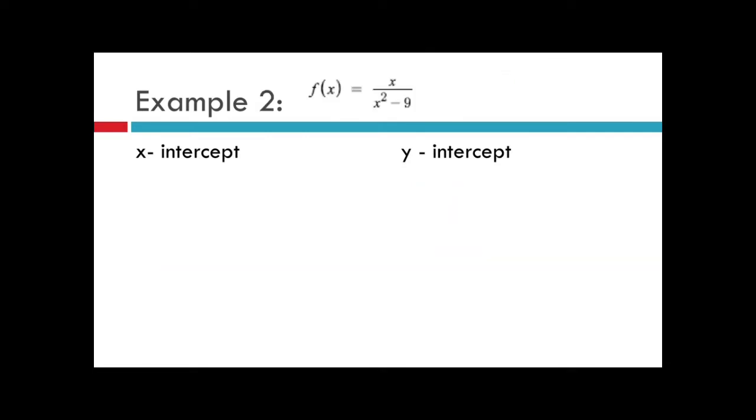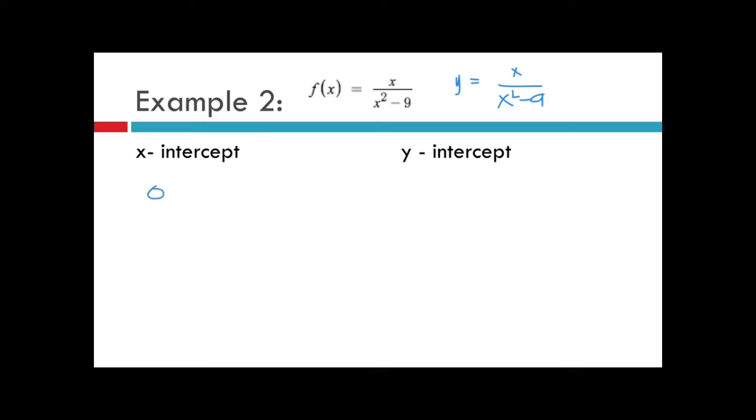Going over example number 2, we are given the function f of x equals x over x squared minus 9. Let's first set the function to the form y equals x over x squared minus 9. Take note that f of x means the same thing as y. Now we're going to solve for the x-intercept, and this happens when y equals 0.